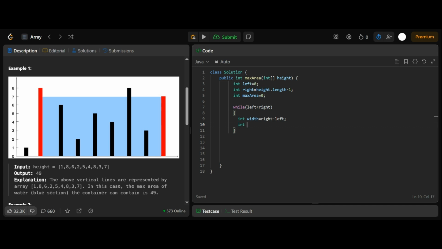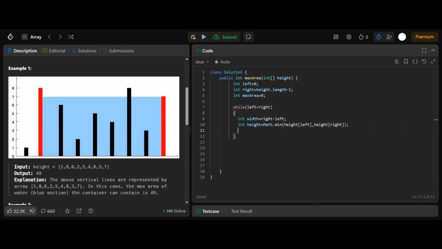And now let's find out the height. The height is equal to math.min. We need the minimum of the height of left and the height of right. Okay, right and left point towards the index. So whichever value is there at that index, we'll find the minimum.